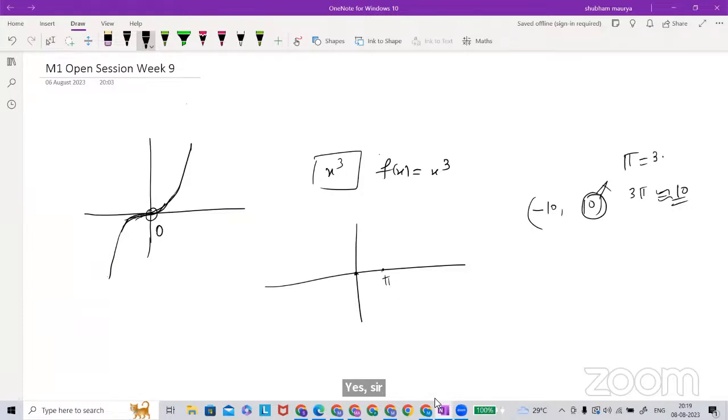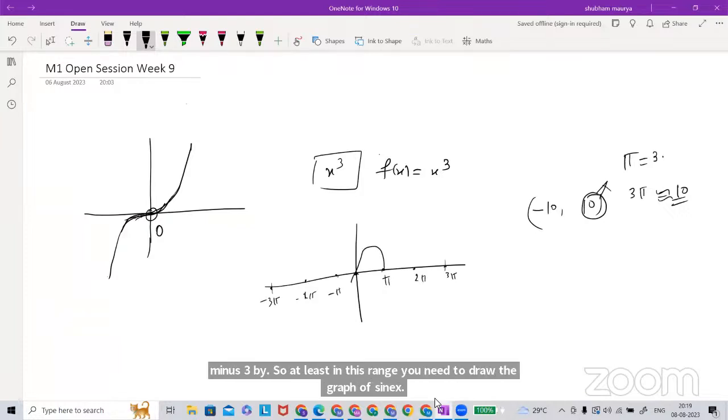Suppose this is pi, then this is 2 pi, and this is 3 pi. Similarly on this side, minus pi, minus 2 pi, and minus 3 pi. At least in this range you need to draw the graph of sin x. So it will be like this.